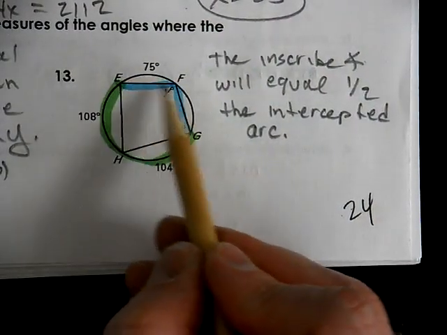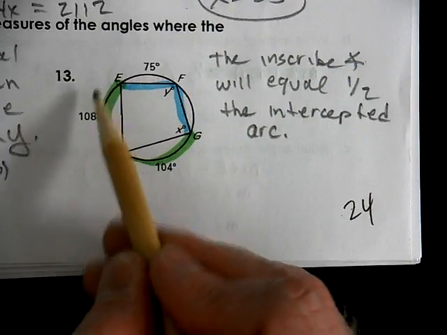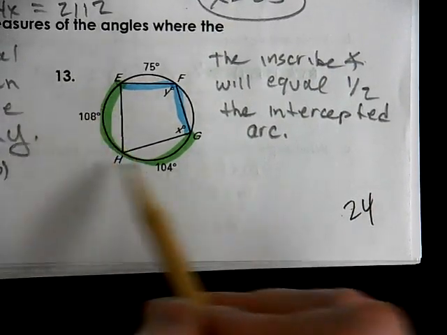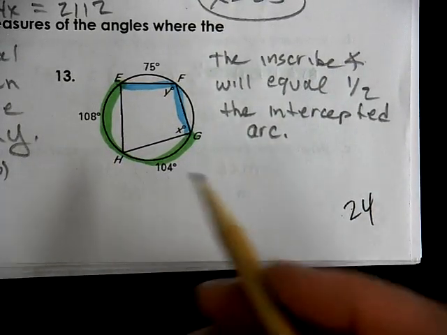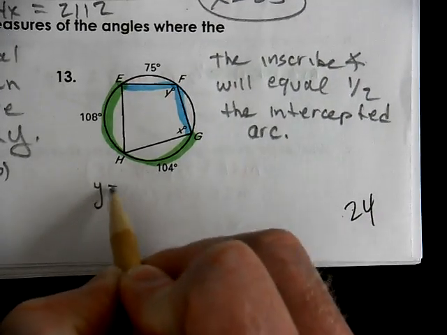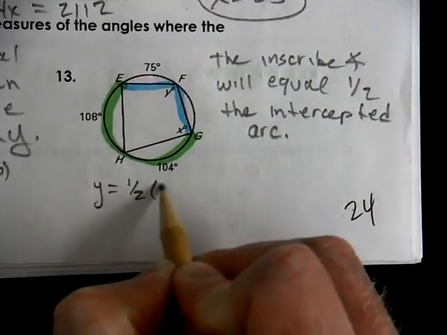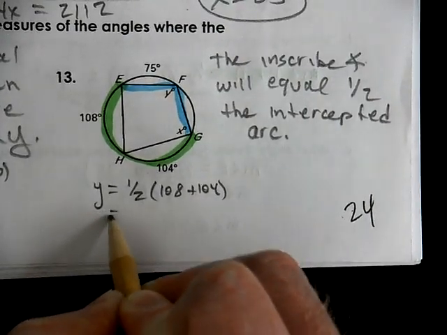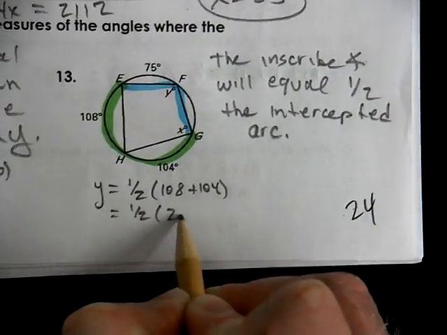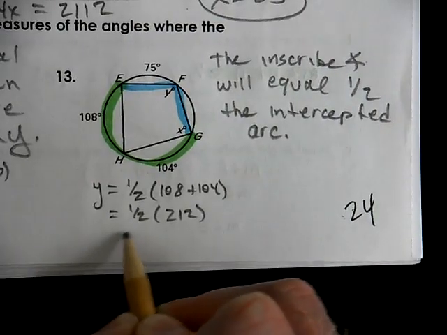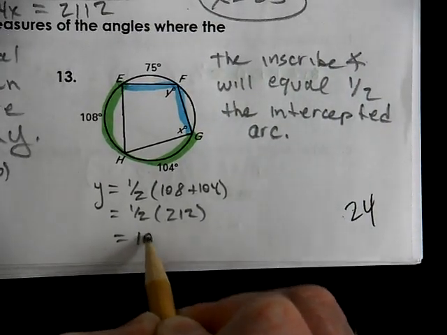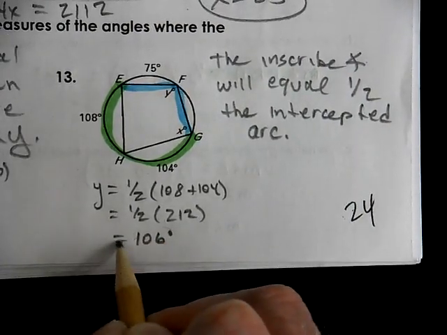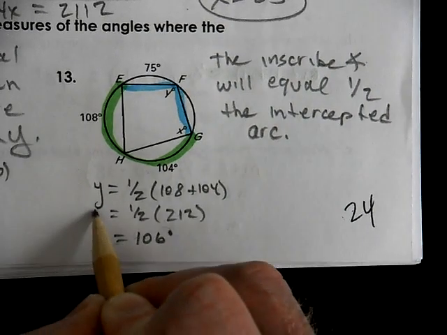The green is where the blue touches a circle. So that part of the circle is called the intercepted arc. So Y is going to be half of 108 plus 104. It's going to be half of 212. It's going to equal 106. That is what Y is going to equal.